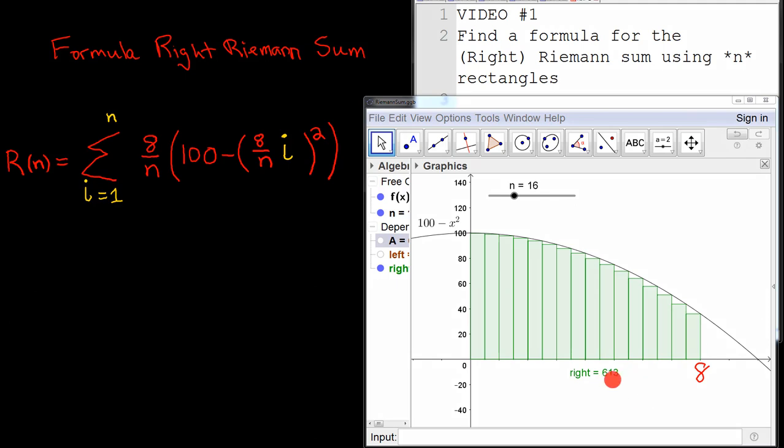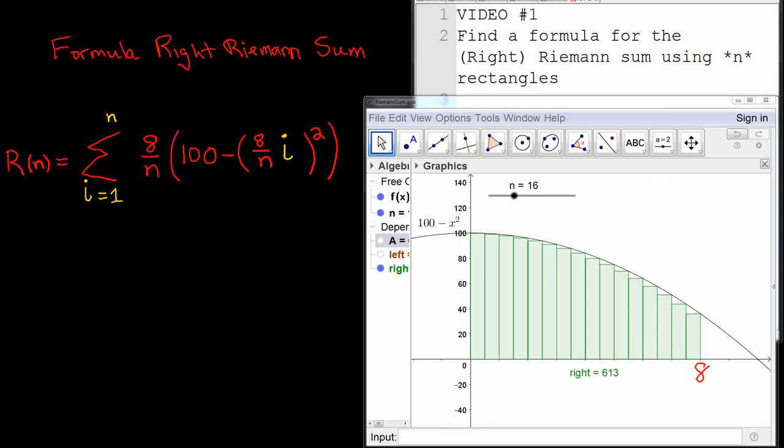GeoGebra tells us that it's about 613, and I promise you that if everywhere you see an n in this formula you put a 16 and then evaluate this sum, you will get 613. So in some sense, this is what GeoGebra is doing. When GeoGebra finds this number, it essentially is doing this summation. All right, so that's what we did in video 1.